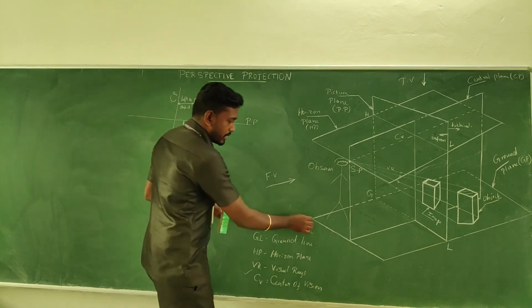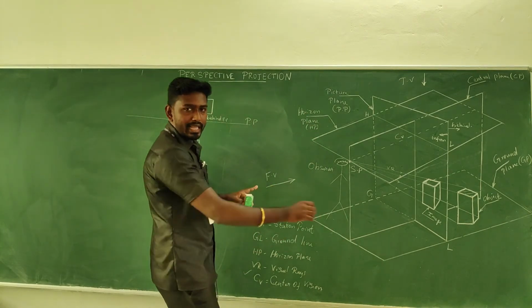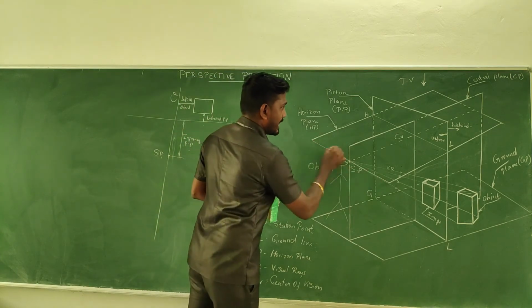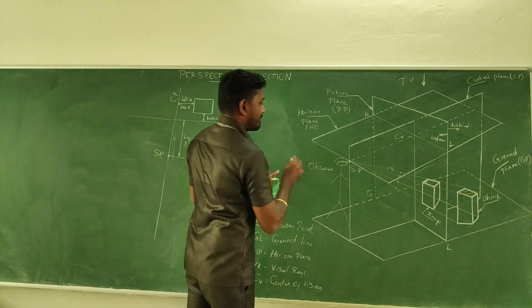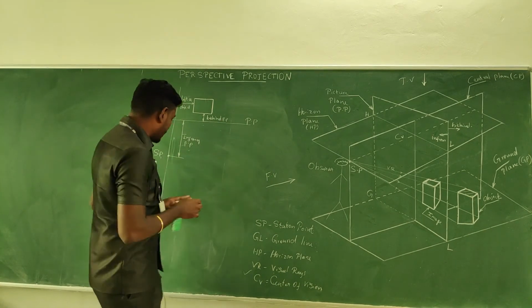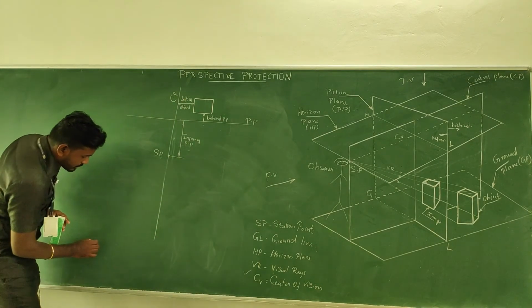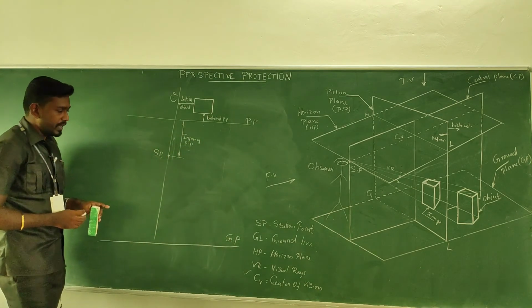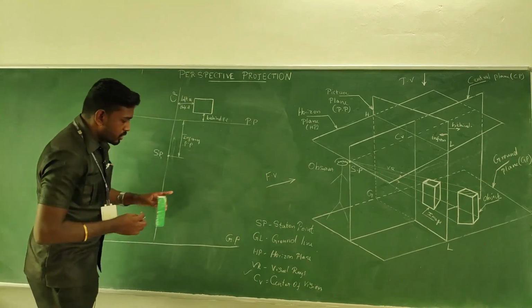I can say the ground plane will look like a horizontal line, and this horizontal plane will look just like a straight line. So somewhere here in the bottom, I am going to draw the ground plane, GP. Okay, fine.